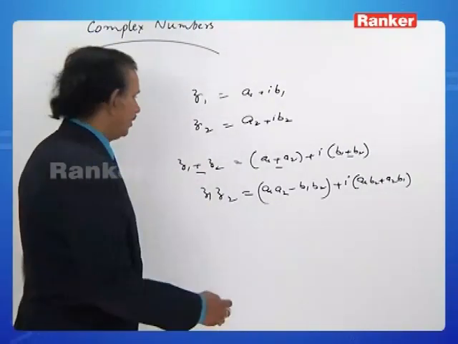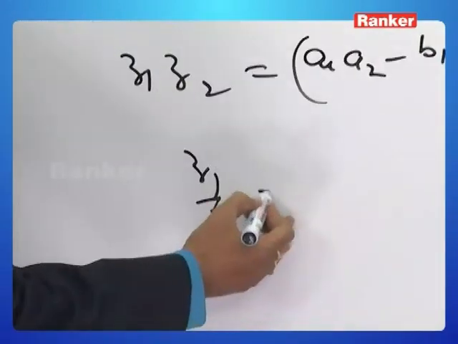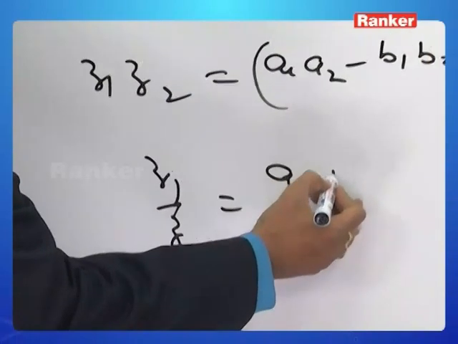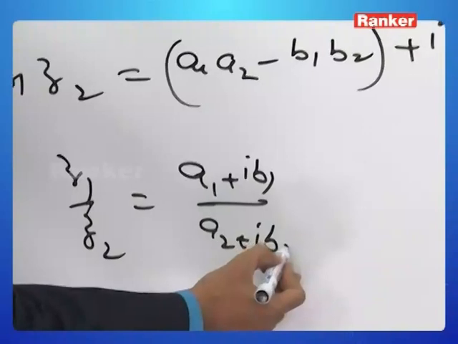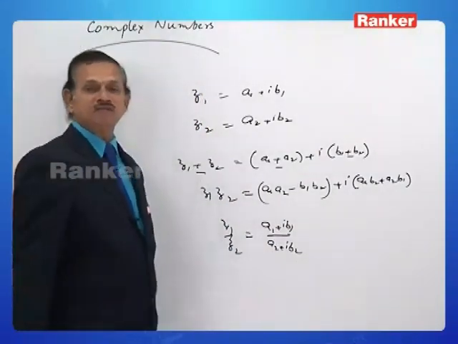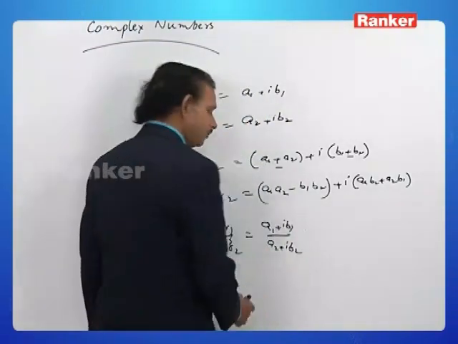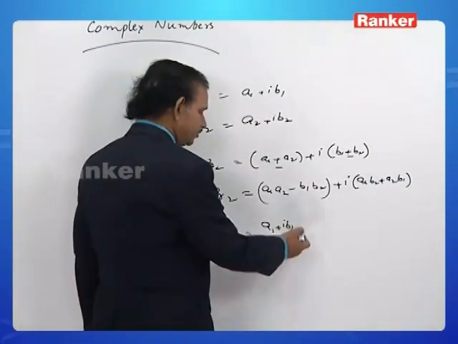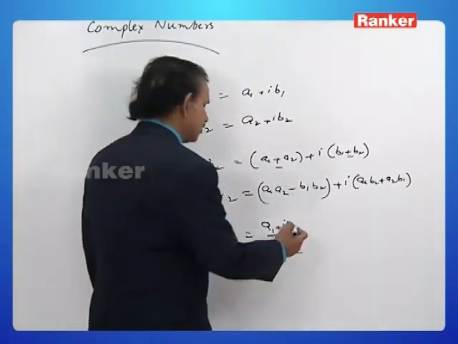Z1 and Z2. Again, Z1 by Z2 can also be defined as A1 plus IB1 by A2 plus IB2. This can be defined as, if you multiply both numerator and denominator with the number A2 minus IB2, what is going to happen?